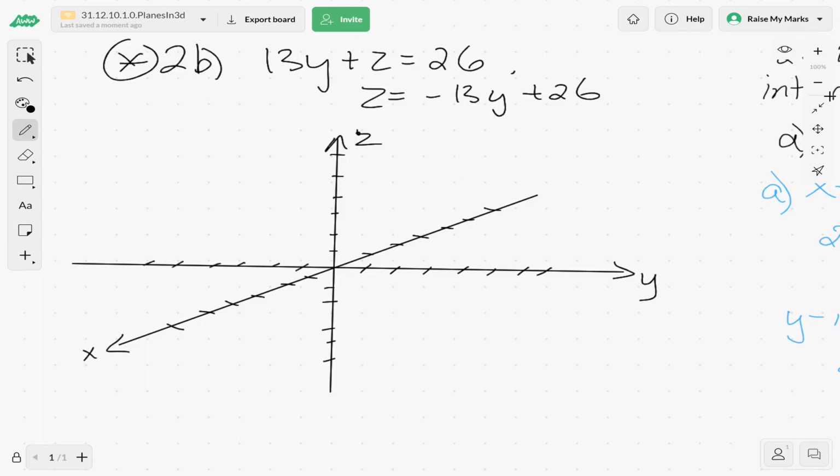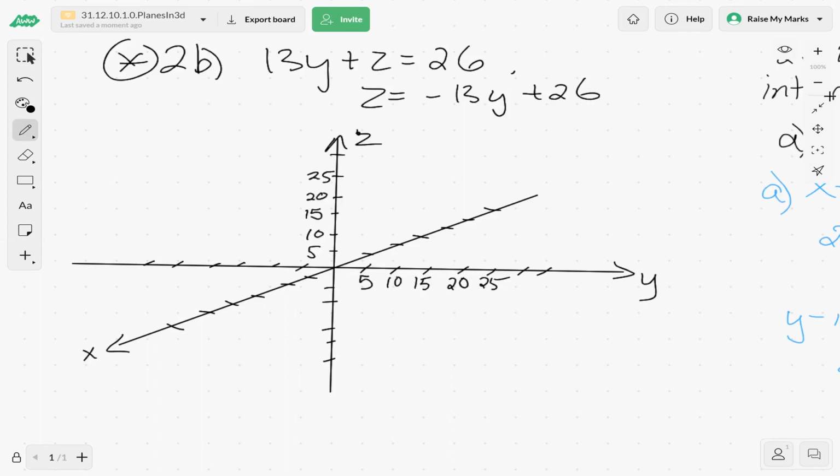Every tick mark is going to be 5. I think that should be sufficient. 5, 10, 15, 20, 25.